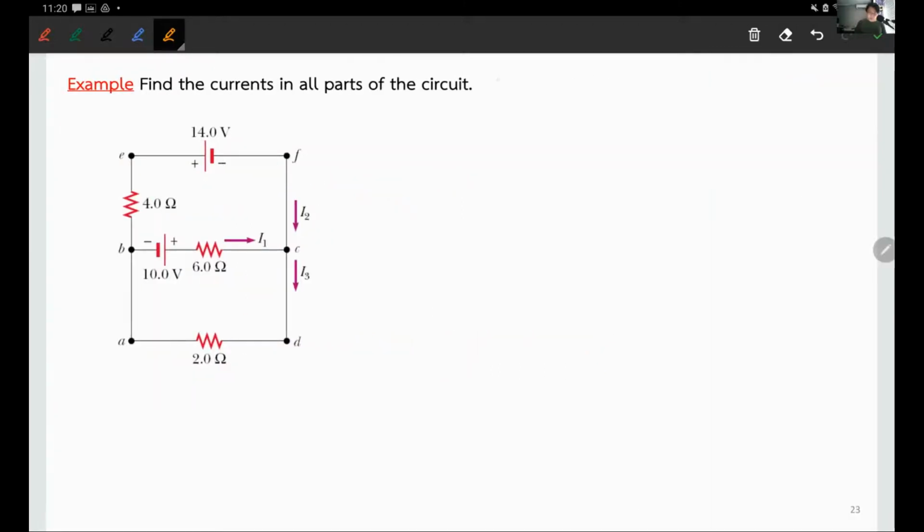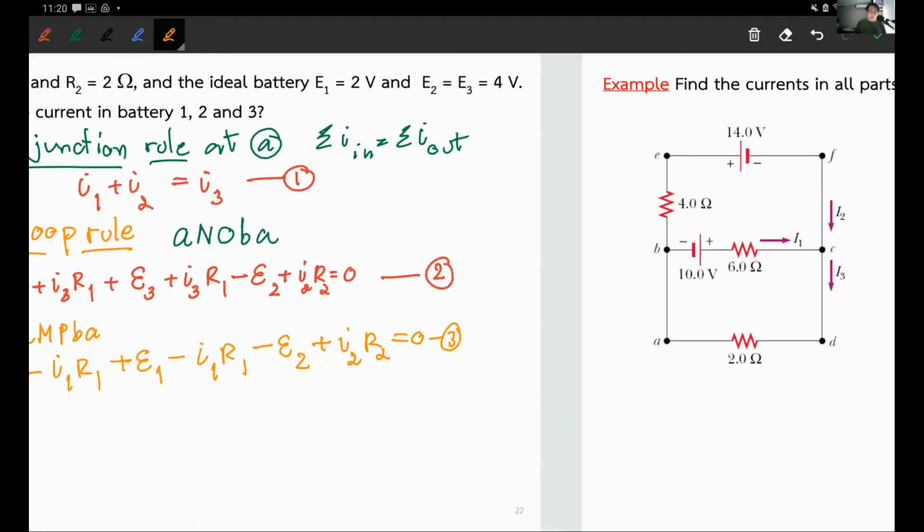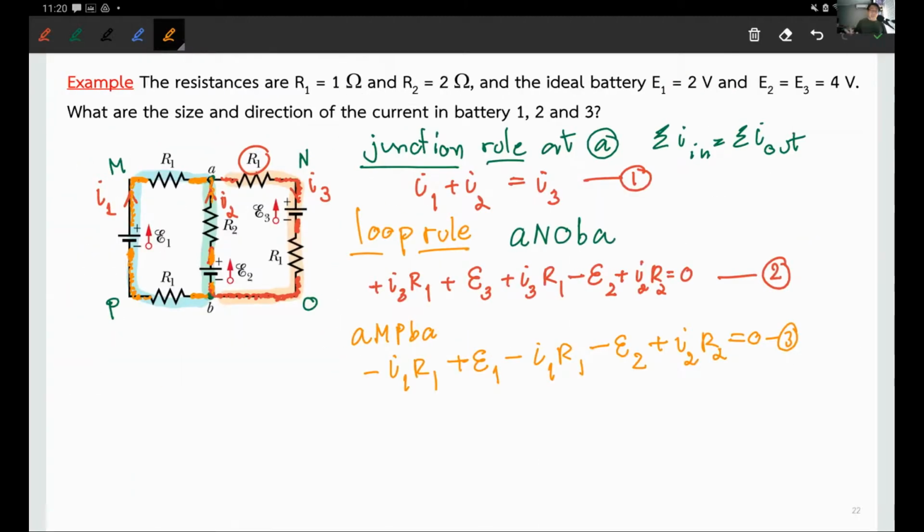So if you want, don't forget to try this, and then I'll add some extra exercise for you guys, a little bit more for you to practice. But I think you only do like a few times, I think that's more than enough, right? That will already assure you that you know how to apply Kirchoff's rule, okay? And then you can solve this type of problems with confidence.